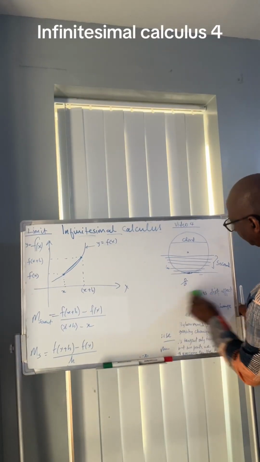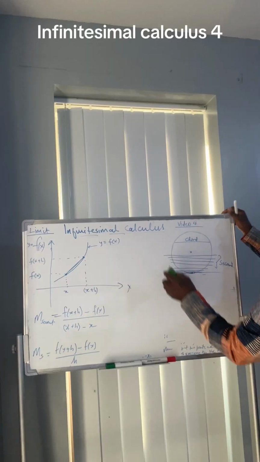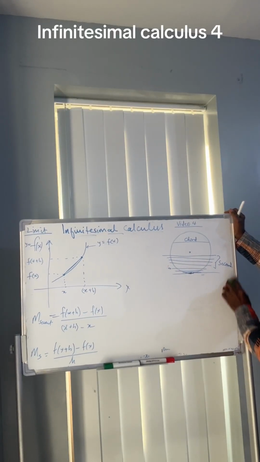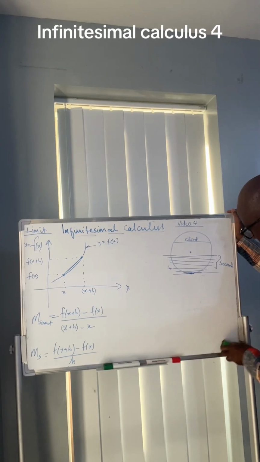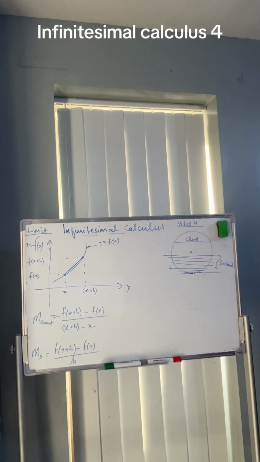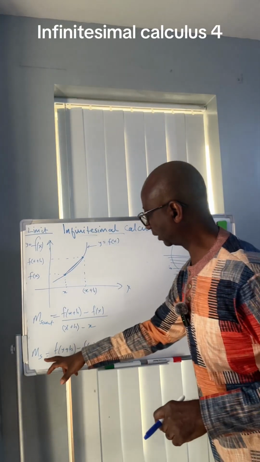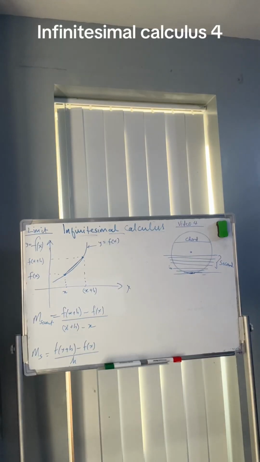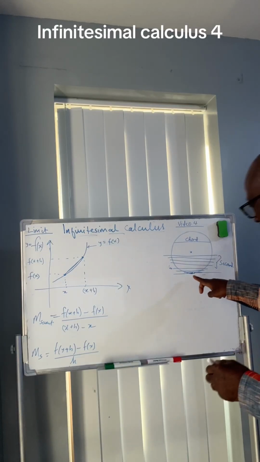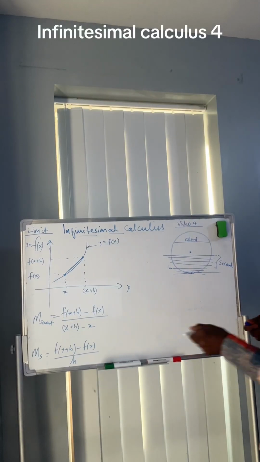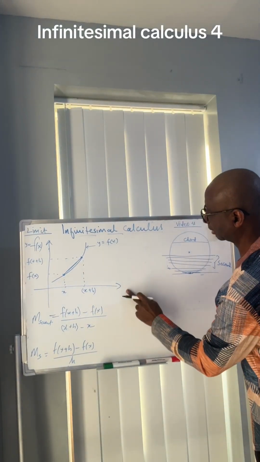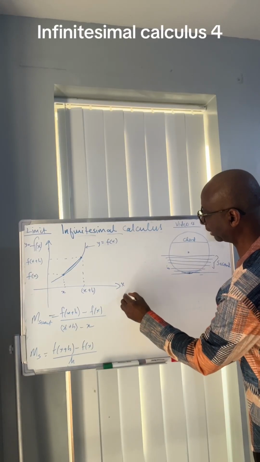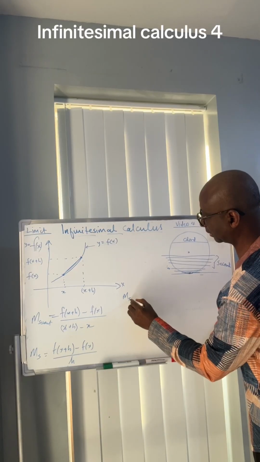This diagram is very important. Now we are looking for the gradient of a secant, but we don't need that. We need the gradient of a tangent, when the line just touches the graph.